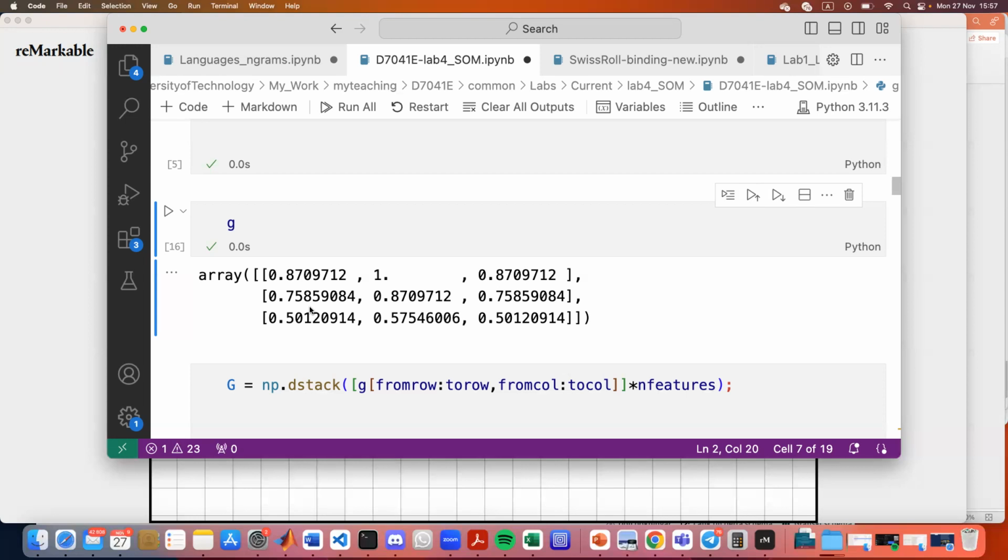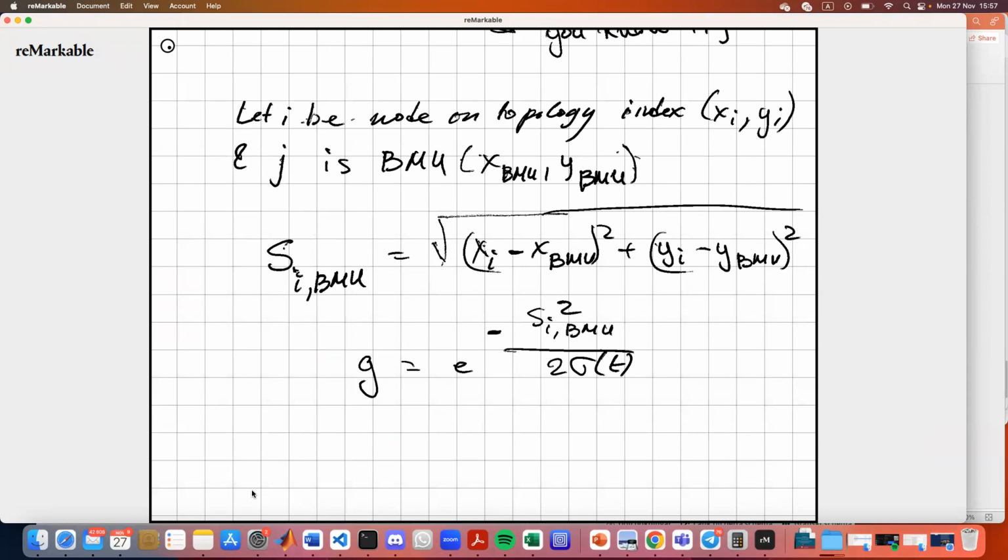and this is captured by saying that this parameter depends on time, or on iteration step. So sigma of t equals some initial value for sigma times e to the power minus t over tau sigma. And that's quite typical in machine learning; you see this Gaussian form very often.